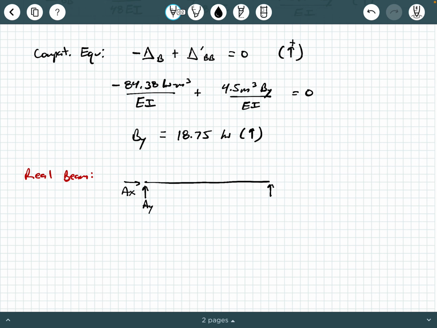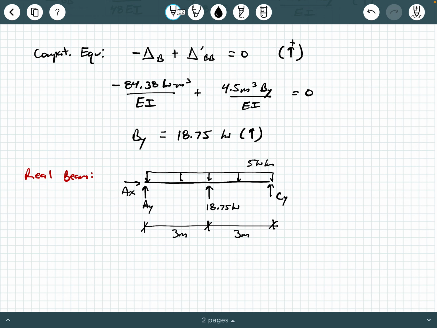On the opposite side, it has a CY. And then right in the middle, it has BY, which we know now. That's the 18.75 kilonewtons. And we can draw these dimension lines here as 3 meters and 3 meters. And we have the applied uniformly distributed load here as 5 kilonewtons per meter.